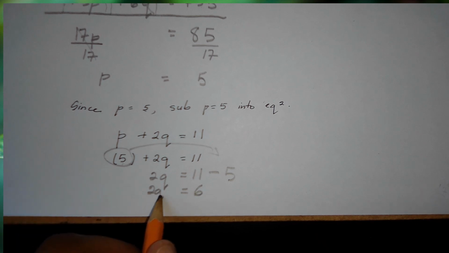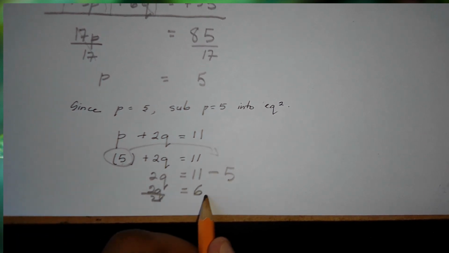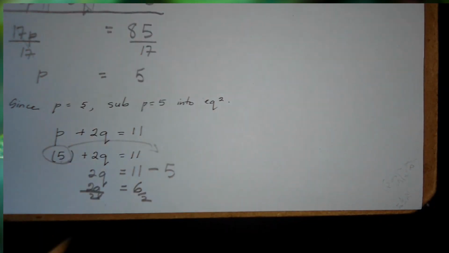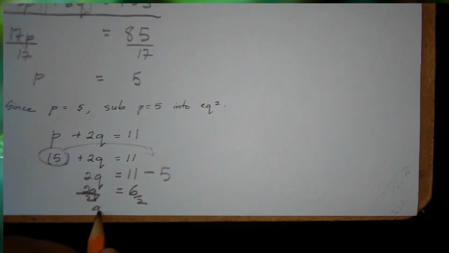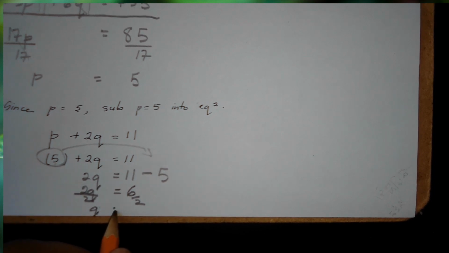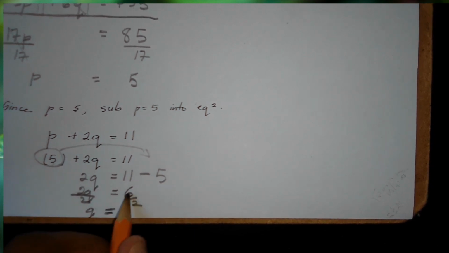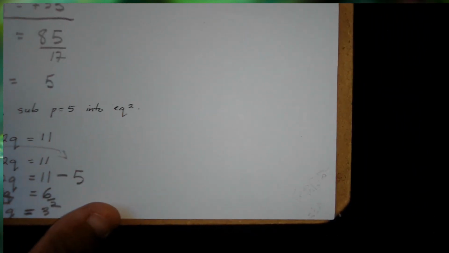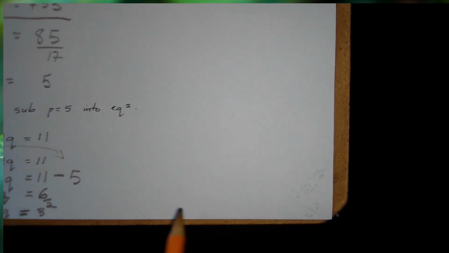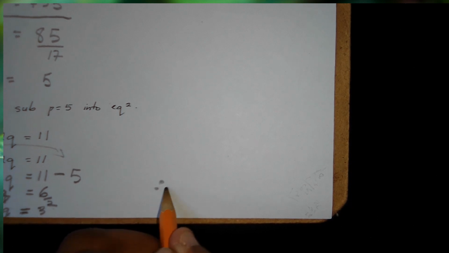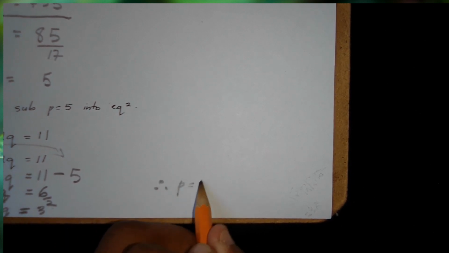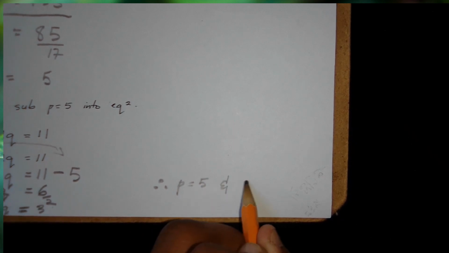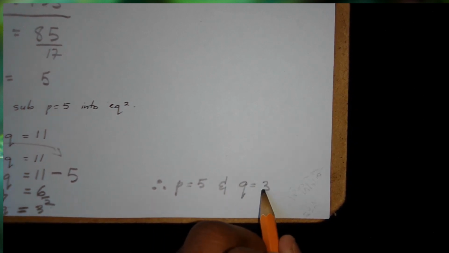To get Q by itself, we must divide both sides by 2. So Q is going to be equal to 6 divided by 2, which is 3. So to clean it all up, therefore, P is equal to 5 and Q is equal to 3.